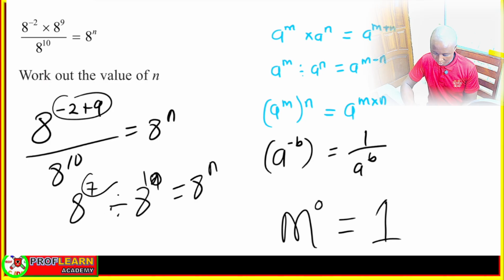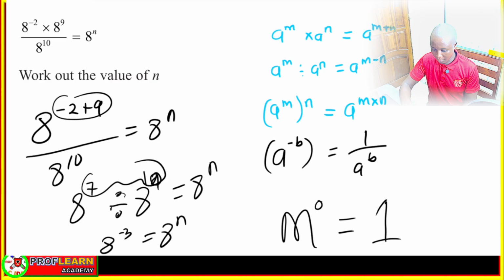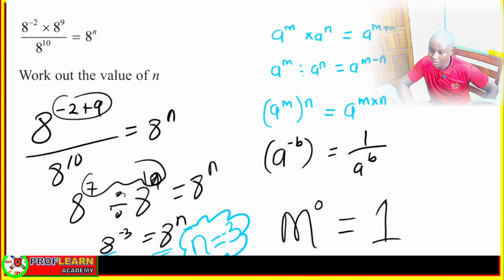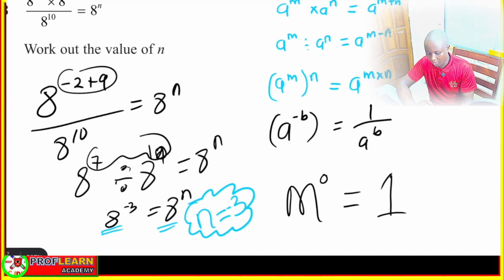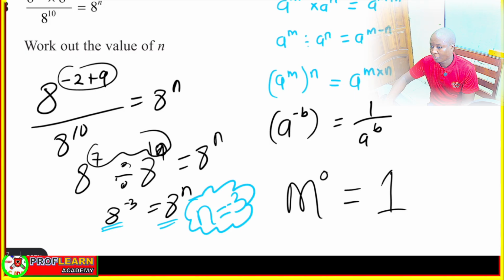Here you are going to subtract the powers because of this division sign, and that's going to be 8 raised to power minus 3 is equal to 8 raised to power n. Since the bases are the same, the powers should be the same also, and our n therefore is going to be minus 3. That becomes our final answer for this question.